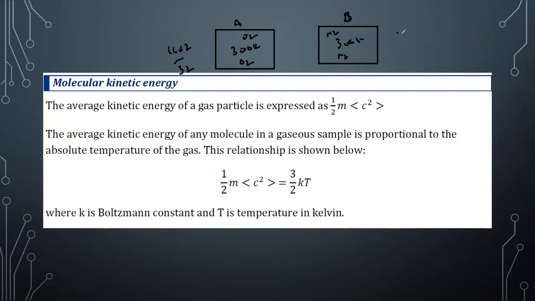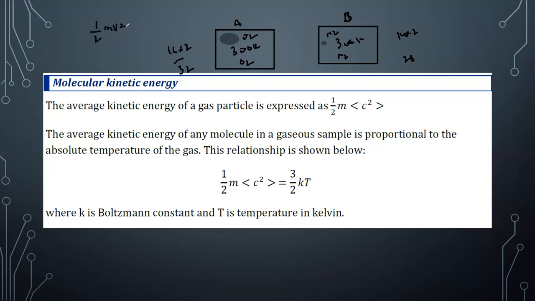The mass of nitrogen is 14 multiplied by 2, so 28. When we compare, oxygen molecules have more mass compared to nitrogen molecules. But they have the same temperature, so they have the same kinetic energy, the same half mv square.